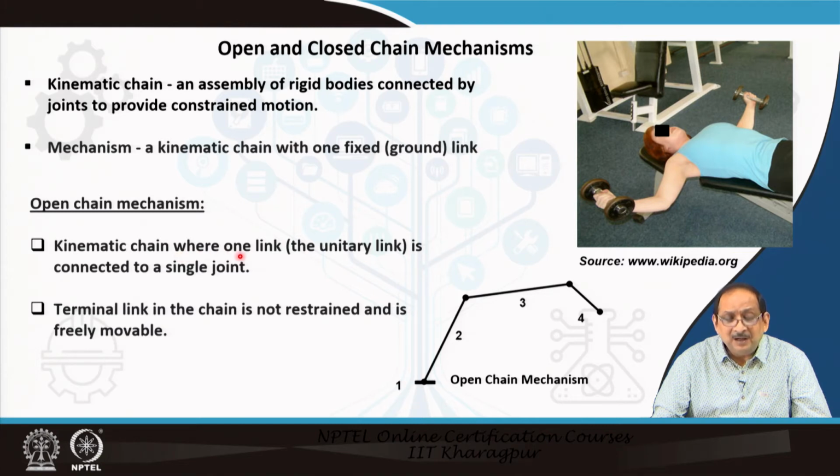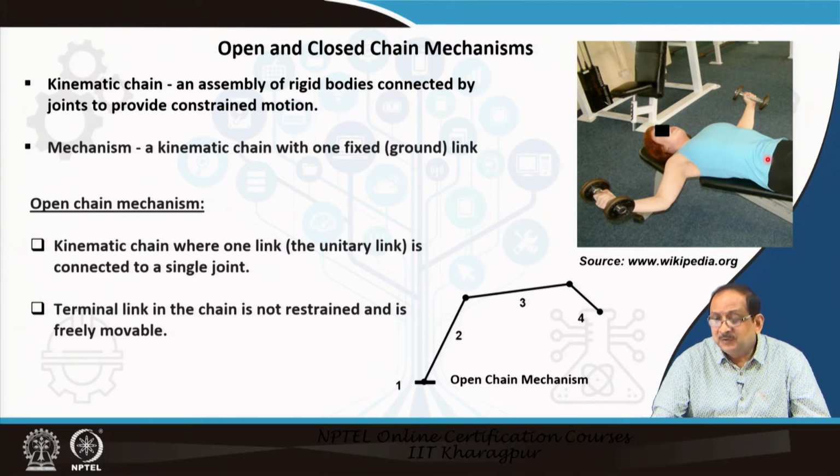is where one link, the unitary link, is connected to a single joint, and the other important feature is the terminal link in the chain is not restrained and is freely movable, as shown in the figure.